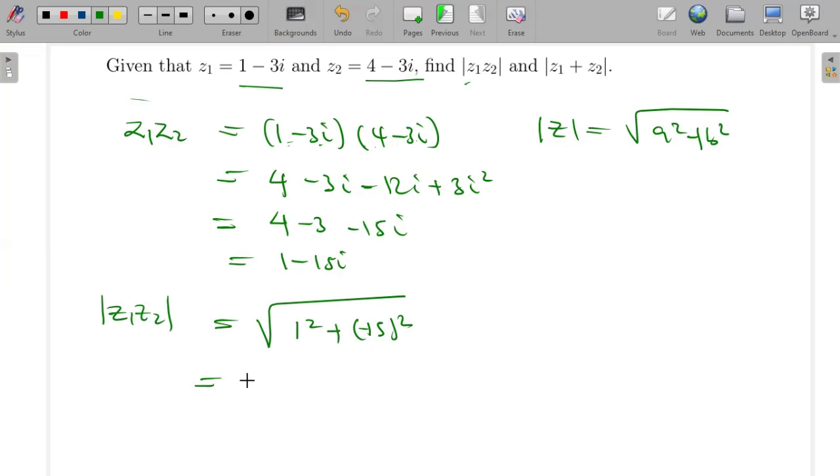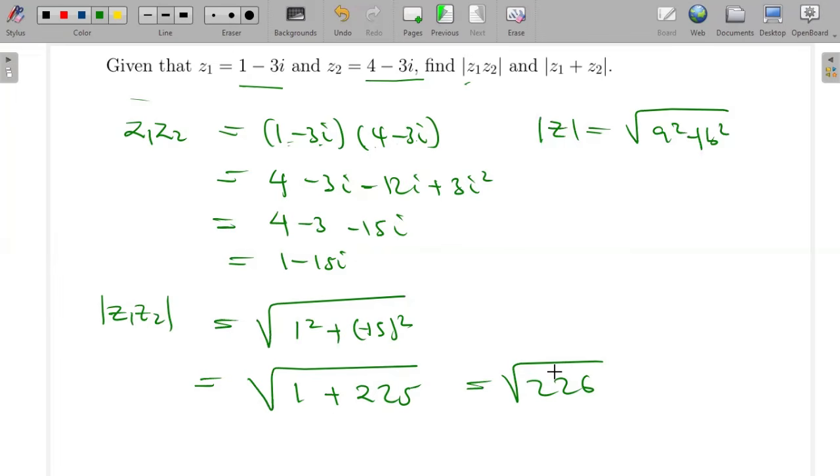And this here is just going to be equal to 1 plus 15 squared. 15 squared is just going to be 225. So 225 plus 1 is just 226. Then I get the square root of that. So this is going to be equal to the square root of 226.